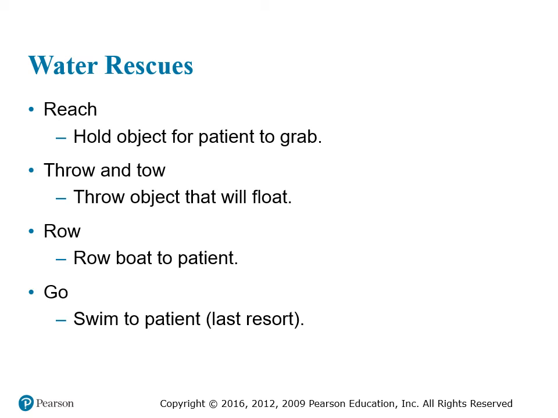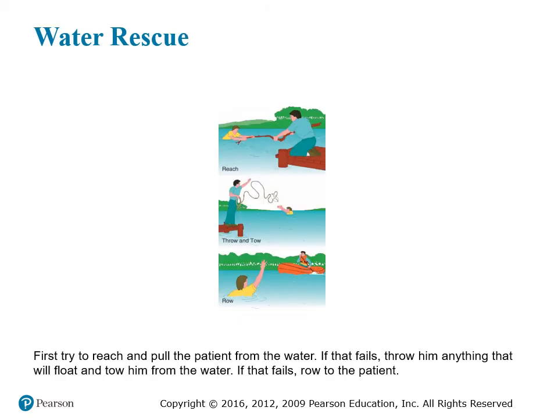Okay. And again, you are not a lifeguard after reading a PowerPoint slide, so don't think that you are. There we go. There's the reach, throw and tow, the row, if you've got your little inflatable boat and life vest, as our guy there has.